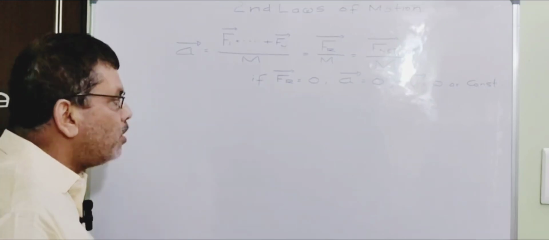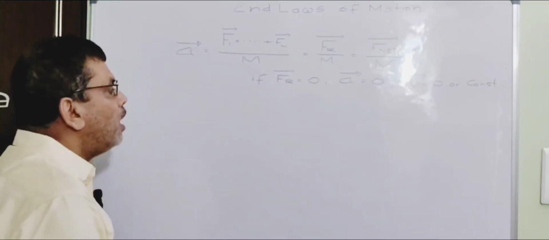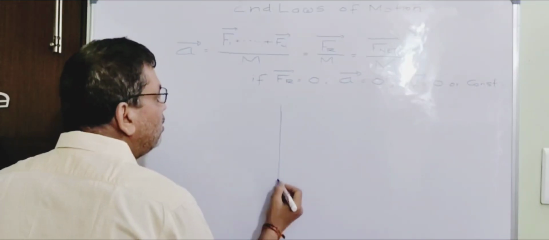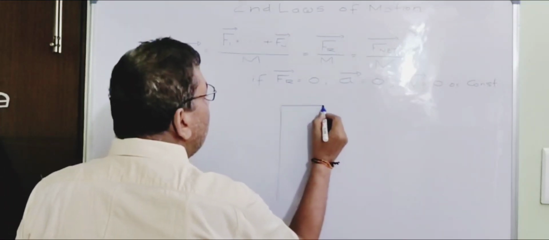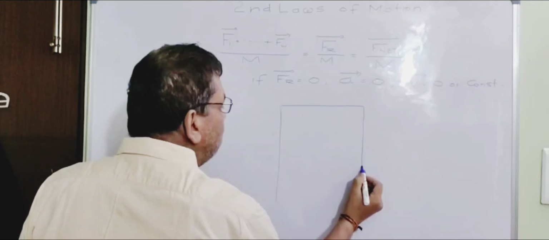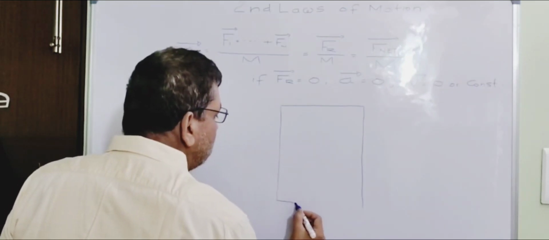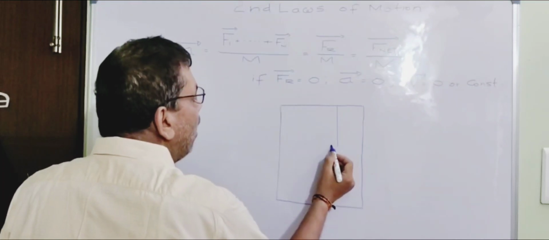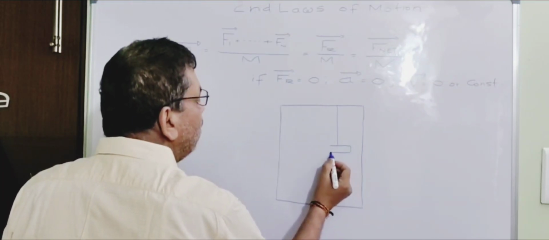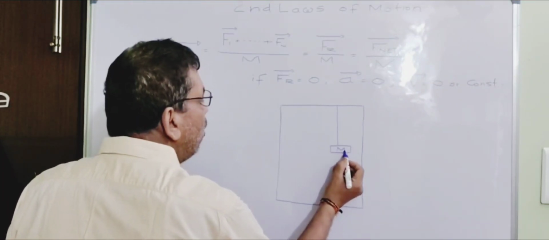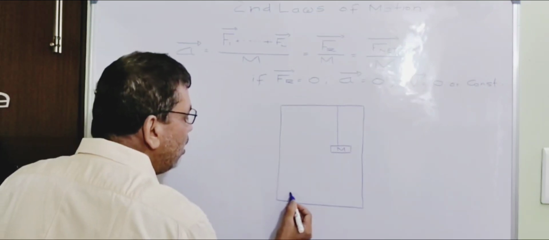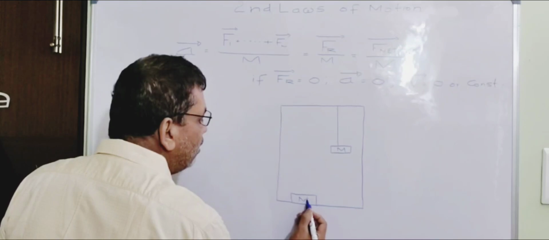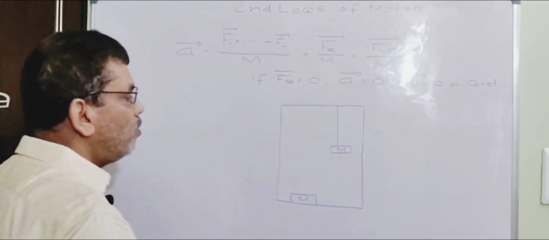In one example, I'll take a lift. This represents a lift. Suppose a mass is hanging from a string in this lift, this is the mass. Let us take another mass which is placed on the floor of the lift.